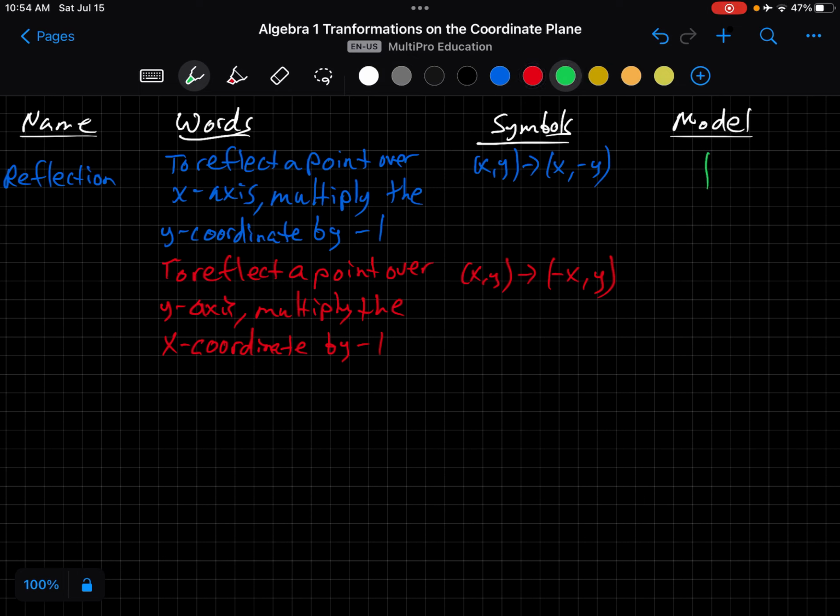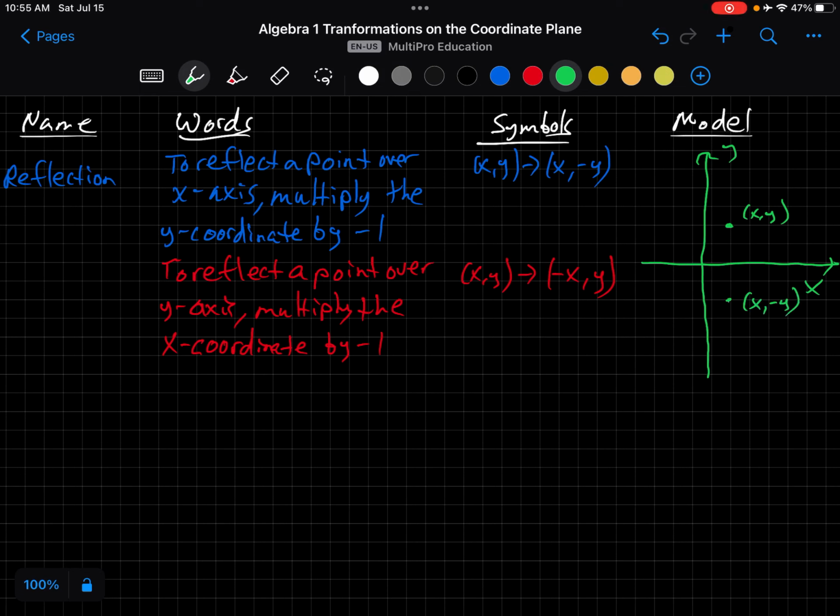All right, so let's draw this. X and y-axis. Okay? And let's say that this is x comma y. So it's 1, 2. Now we want to reflect it over the x-axis. So we would leave x the same, so that'll be 1, and then the y will become -y, so it'll be -2.